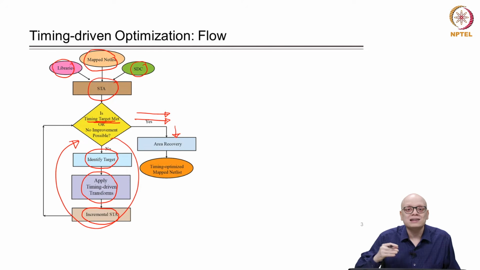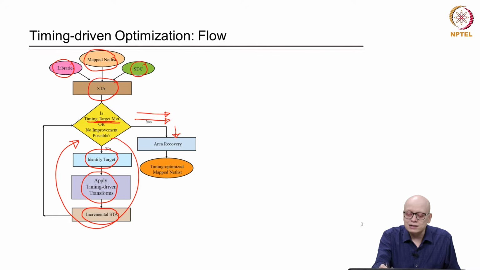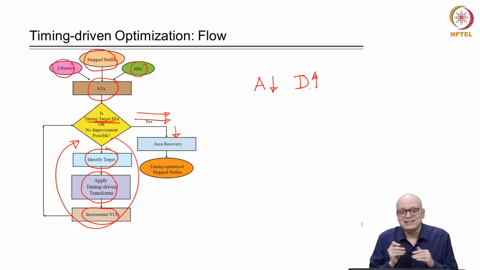If the slack is highly positive, then there is some scope of improving the area. Why can there be scope of improving the area? Typically, whenever area is decreased, meaning area is improved, the timing degrades; delay goes on increasing. So, delay and area go in the opposite direction.